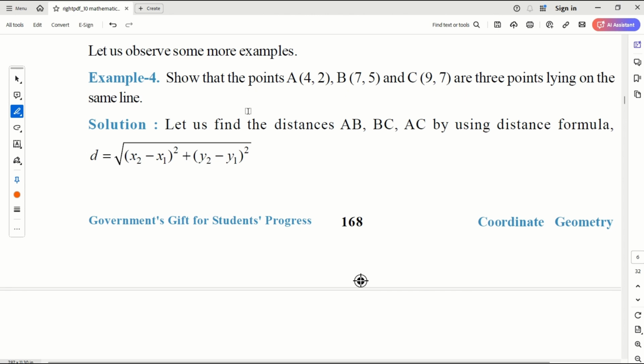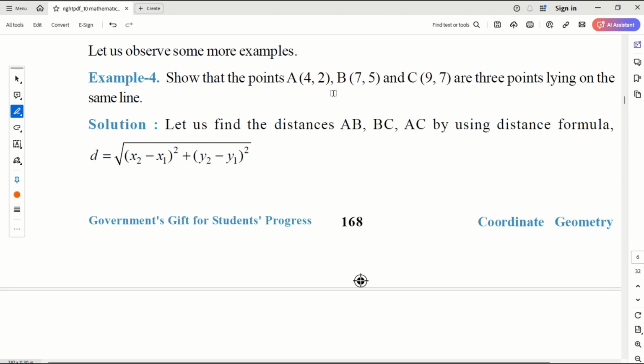So how do we basically find out that these three points are on the same line? Okay. Think about it. If 3 points are on the same line, let's say A, B, C in that order, then if I calculate the distance AB and BC, AC should be equal to AB plus BC, correct?